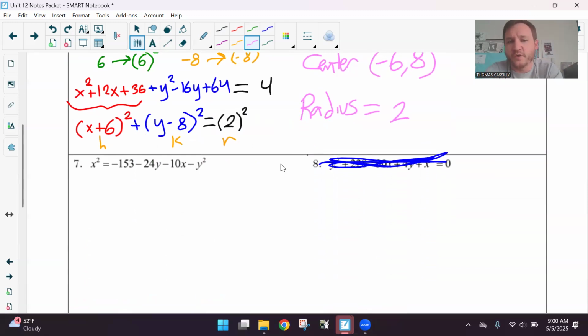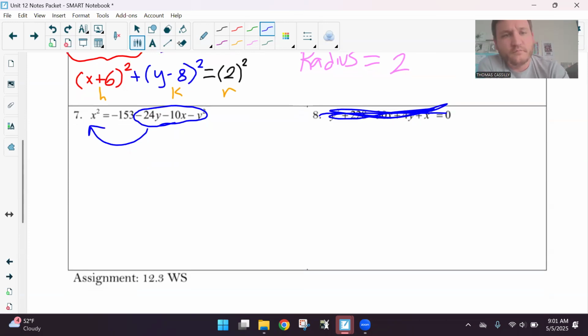Notice how you have the x squared on one side, everything else on the other. I'm going to try to keep that x squared term positive. So I'm going to take all of these things and I'm going to move them over to the other side. I'm going to leave that negative 153 there because we have to put that on its own side anyways. So it's already there. I'm just going to leave it alone.